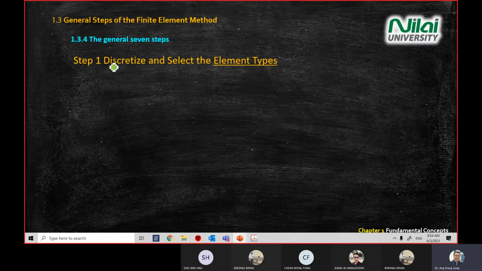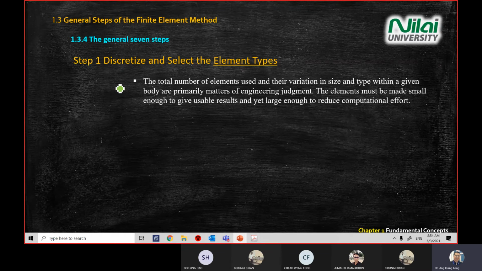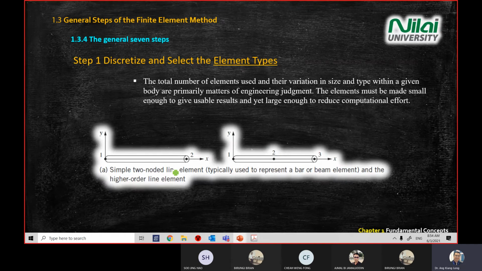you need to start the discretization process. You mesh the element, you break into small pieces. You look at what type of element you have. Okay. Now, for example, on the screen here, you have a small cylinder. So on the left-hand side, you break the structure into 2 points. Or you can break into 3 points. Right?